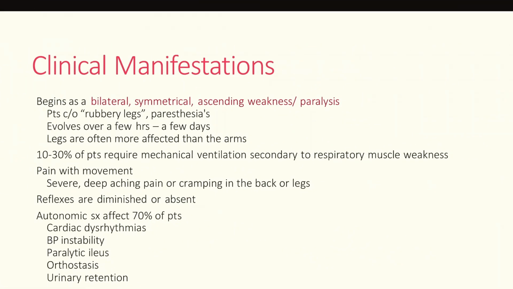So clinical manifestations begin, and I put it in red because it's important to know for GBS. Bilateral, so both feet will be affected at the same time, or hands. Symmetrical, so again, same side of the body. Ascending, so it starts at the feet and works its way up.